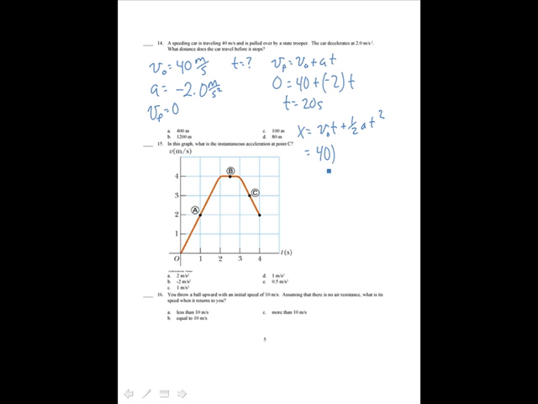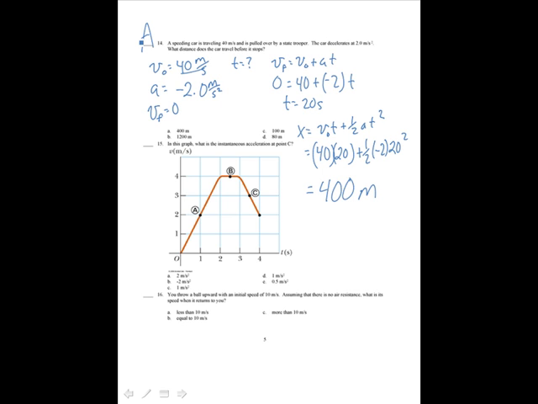This is 40 meters per second, that's our v naught, times 20 seconds plus 1/2 of minus 2, which is our acceleration, times 20 squared. If I put in those numbers, it's 800 minus 20 squared, which is 400 meters. So x is 400 meters. It travels about a quarter mile before coming to a stop. 400 meters, that is A for number 14.